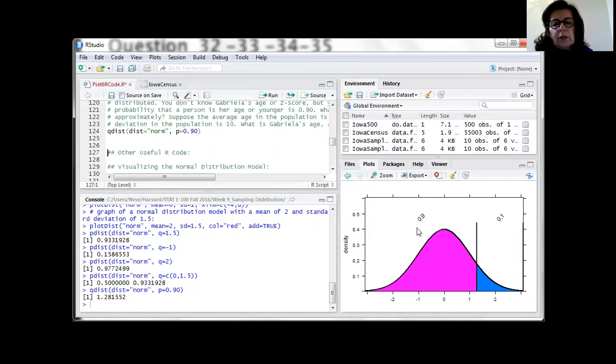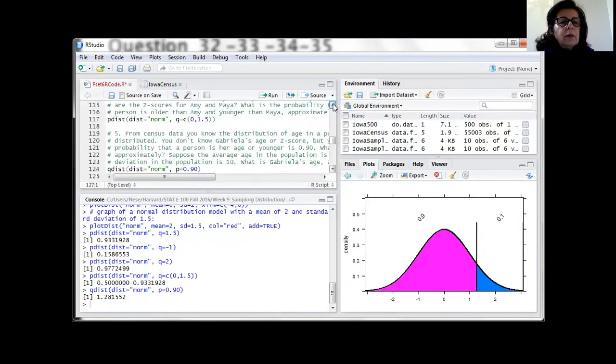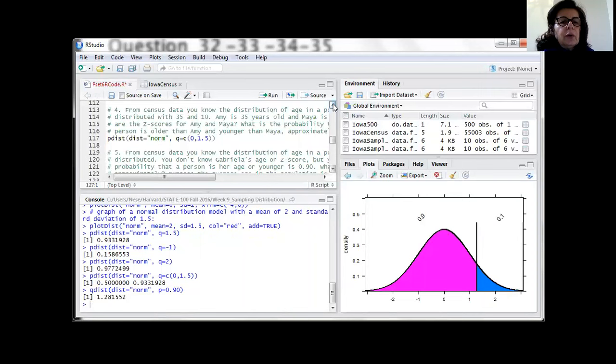This is the standard normal distribution. That's why we are seeing zero in here. But if we look at the normal distribution model of this population, we would see the mean as mu in here. So we need to go and find out what was the mu. From census data, the mean of the population distribution is 35.